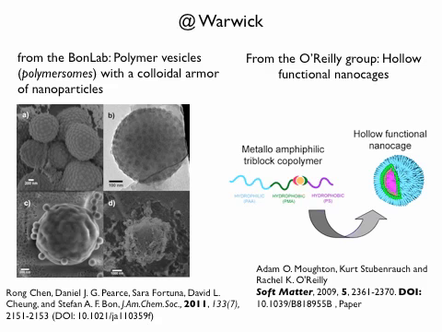Now, last slide. Obviously, a lot of people are playing with this. We play with it a lot, and we've explained the stuff on the left already. But Rachel O'Reilly's group plays even more with it. She makes a lot of micellar and vesicle types of structures, and this is one of her examples. She had a really nice hydrophilic, hydrophobic tri-block with a metal in the middle of the hydrophobic block.